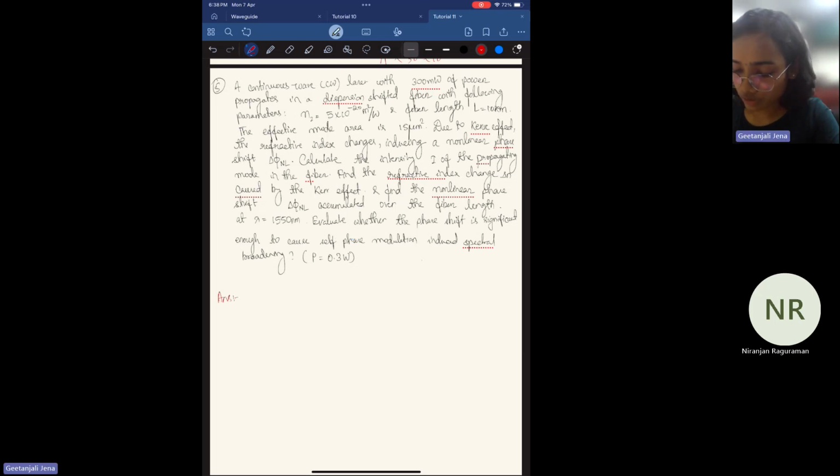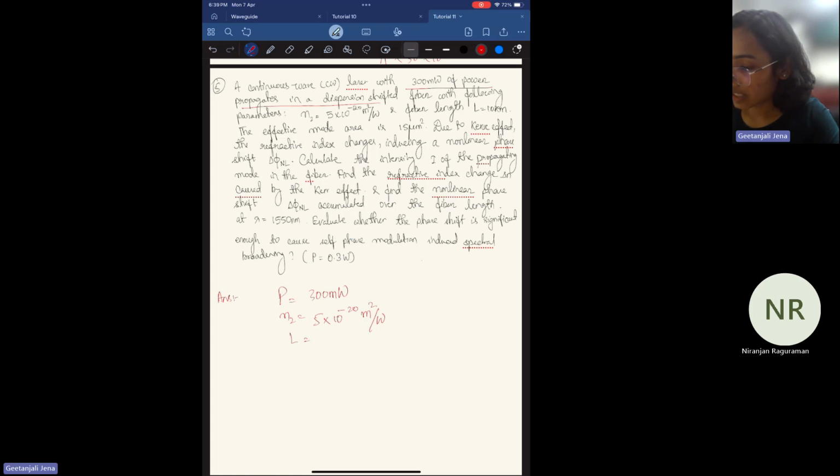So there is a continuous wave laser with 300 milliwatt of power propagating in a dispersion shifted fiber with the following parameters. It is propagating along a dispersion shifted fiber with n2 of 5 into 10 to the minus 20 meters square.